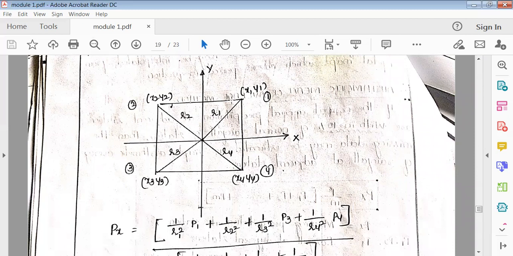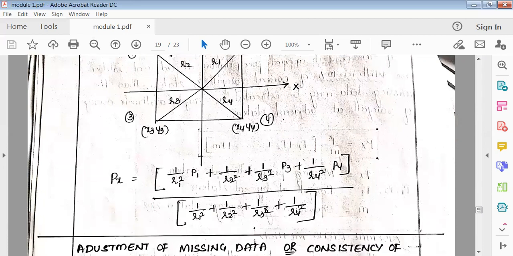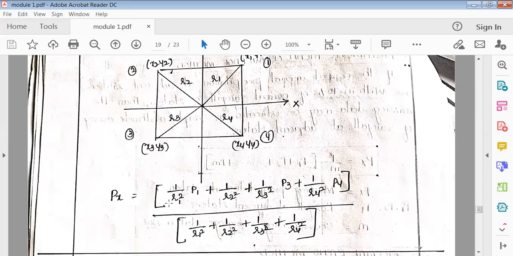If they are connected together with coordinates x1, y1, x2, y2, x3, y3, x4, y4, by means of R1, R2, R3, and R4, then the formula for Px, the precipitation at station X, is 1 divided by R1 square into P1.